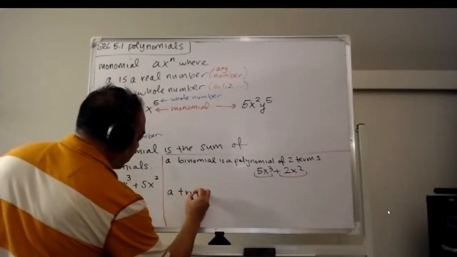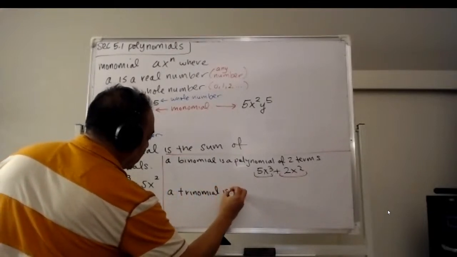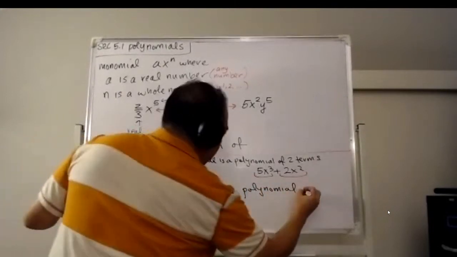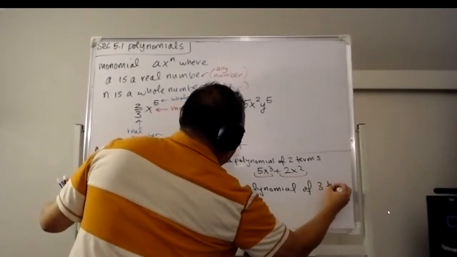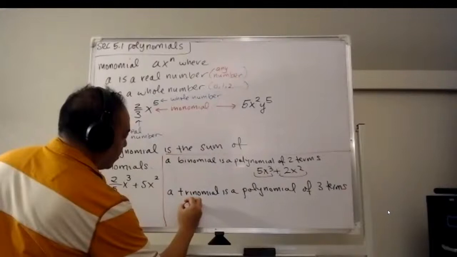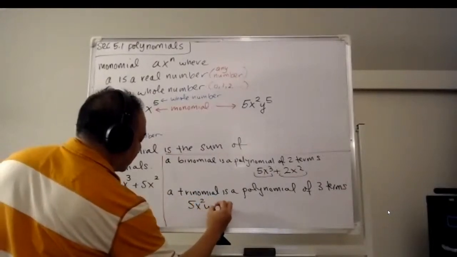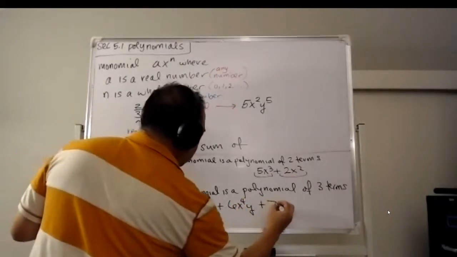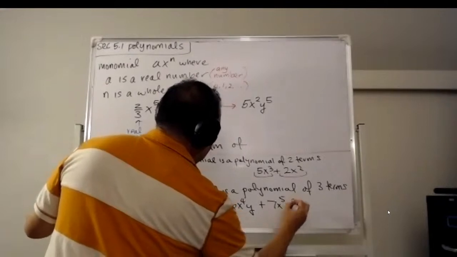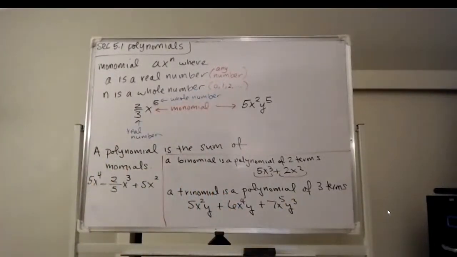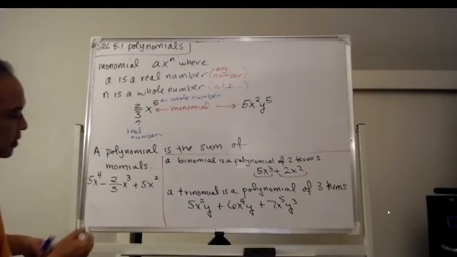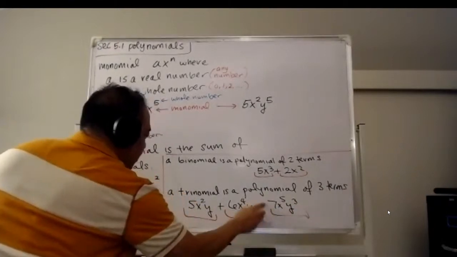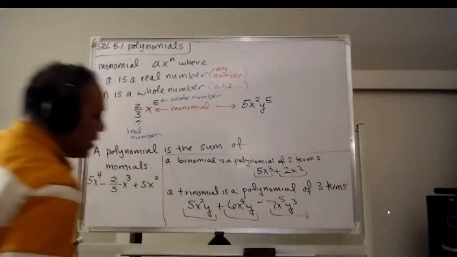A trinomial is a polynomial of three terms. So, the book will ask you a question that looks like this. Okay, and then these have three terms. Three things separated by a plus or minus. Let's make that a minus, just so you can see that they can be negative.